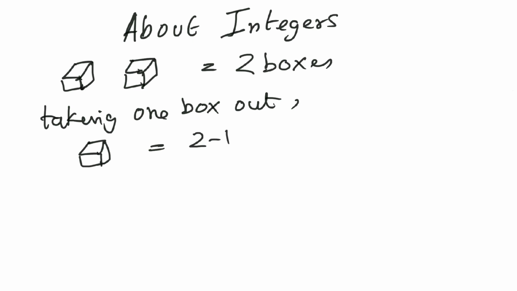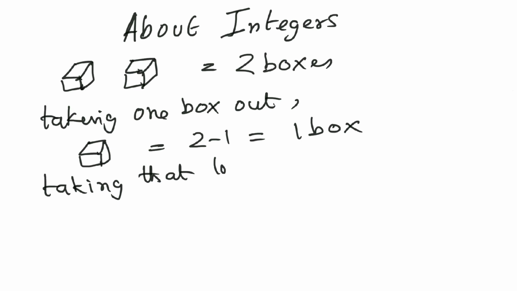So you have one box left, that is a single box. Note that we are defining very distinct objects, and if that single box is also removed, that obviously means that we have 0 boxes, which means that we don't have any box left. So no box left means 0 boxes.